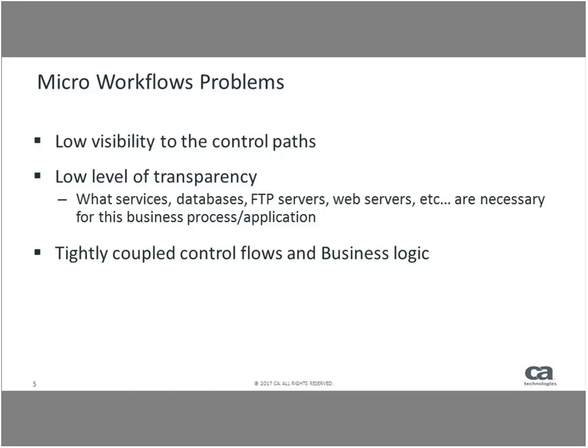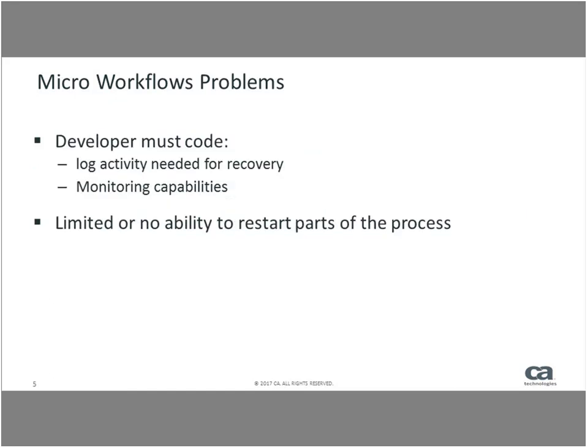And it's tightly coupled, control flows and business logic, so it's harder to extract out what's going on because everything is all tightly coupled within that wrapper script. And to change things, you then have to change the wrapper script.